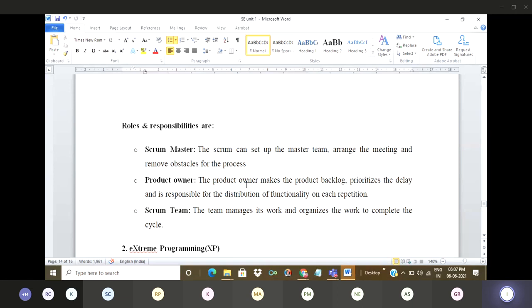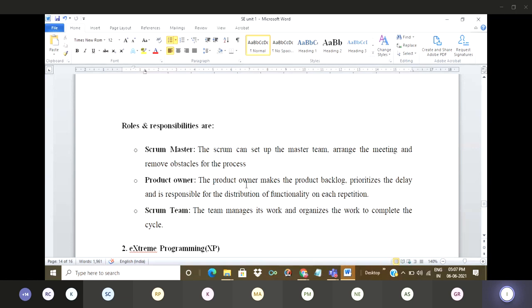Agile processes promote sustainable development. Sponsors, developers, and users should be able to maintain a constant pace indefinitely. Continuous attention to technical excellence and good design enhances agility. Tenth principle is simplicity, the art of maximizing the amount of work not done, is essential. 11th is the best architectures, requirements, and designs emerge from self-organizing teams.